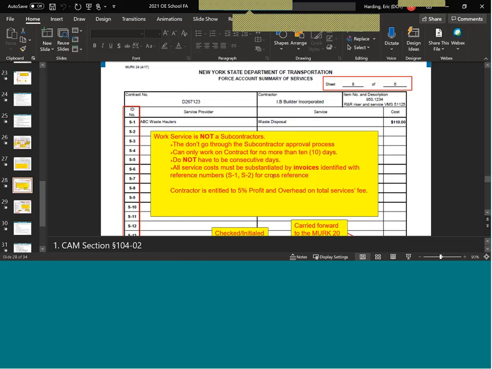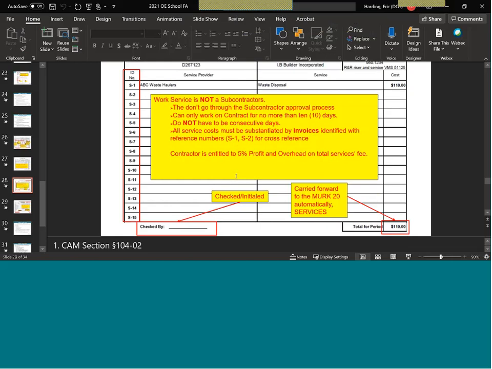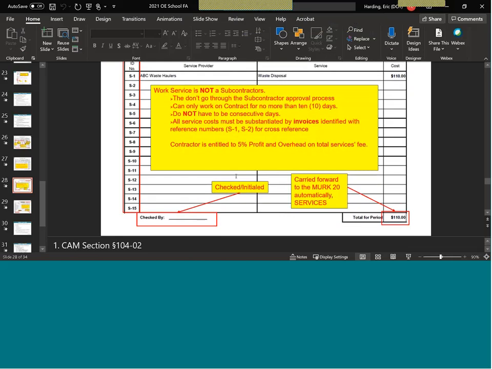Like we talked about in the beginning, they are looking at making an adjustment to that cell for delay compensation, dispute compensation. As always, check initialed at the bottom, and this service summary gets carried forward automatically to the MERC 20.